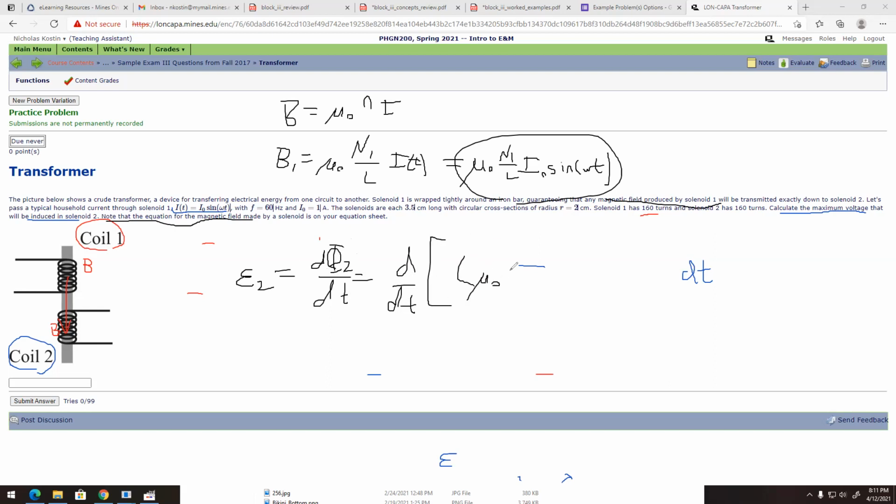It was mu naught n1 over L I naught sine of omega t. That's the B field in solenoid 2. And then I have to multiply by the area of solenoid 2 and of course the number of turns, so N2. The area of solenoid 2 is pi r squared.